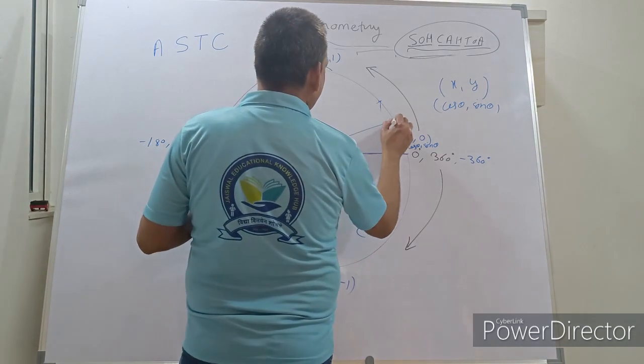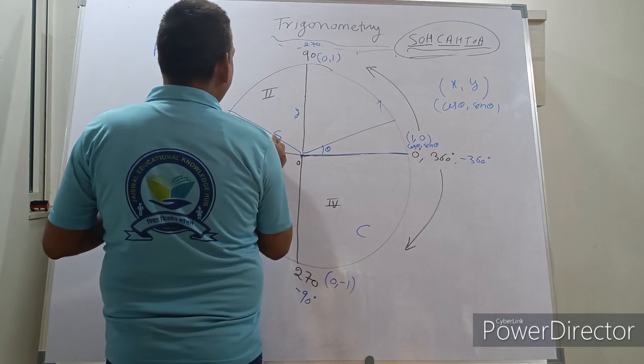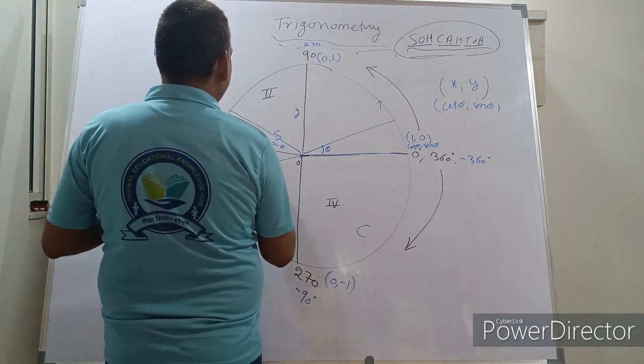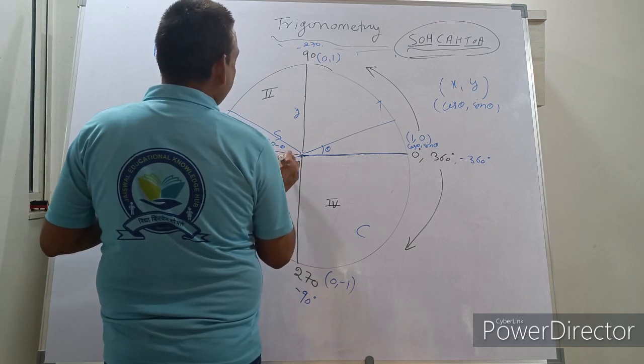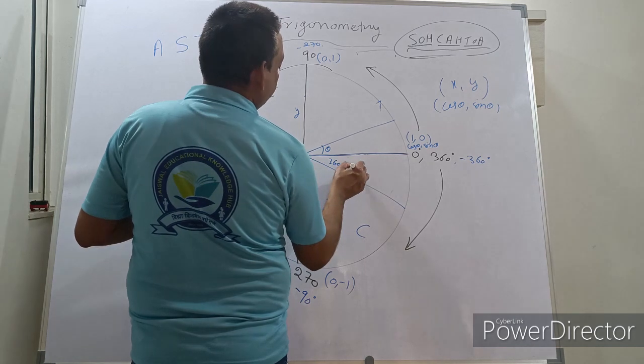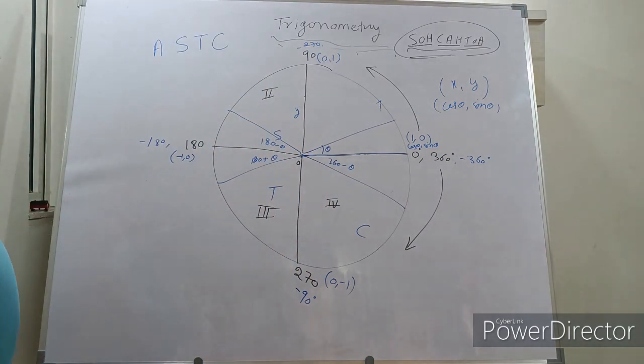So in the first quadrant, base angle. Second quadrant, 180 minus base angle. If it lies in the third quadrant, 180 plus base angle. If it lies in the fourth quadrant, it will be 360 minus base angle. Clear?